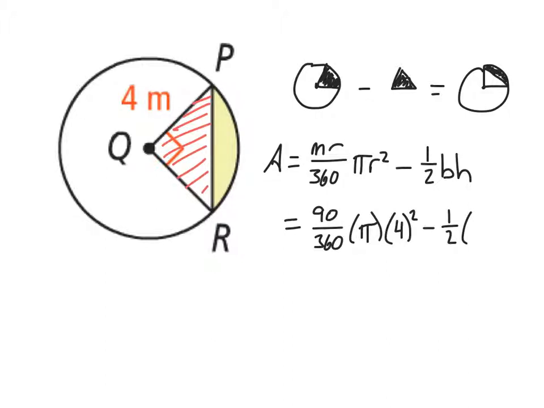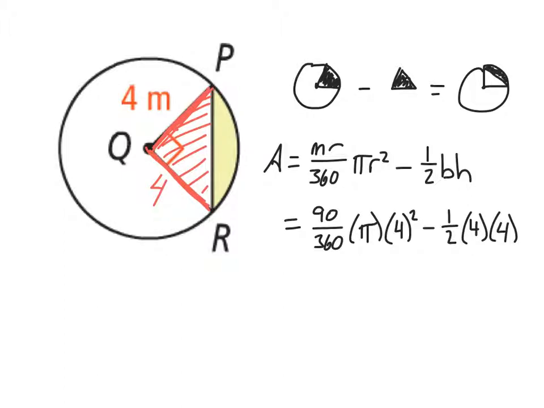So if I'm looking at that triangle, what can I use as my base? 4. Good. And so if this is my base, what's my height? Also 4, because base and height have to be perpendicular to each other. And so then this is also 4 because they're both radii of that circle, right? So my height is also going to be 4.